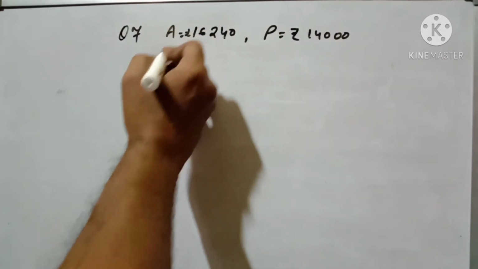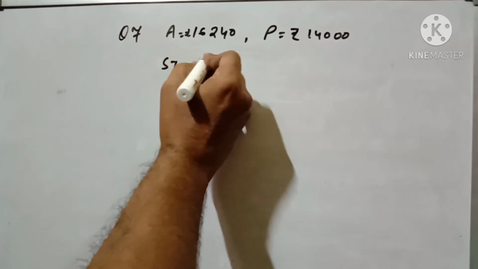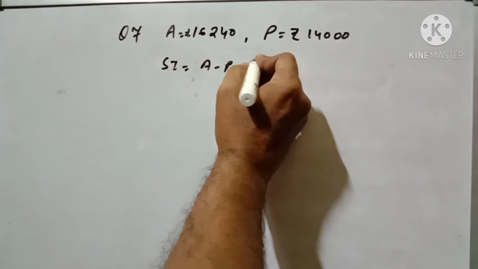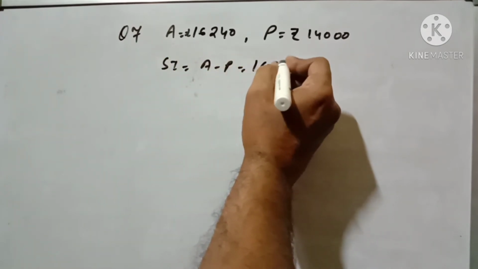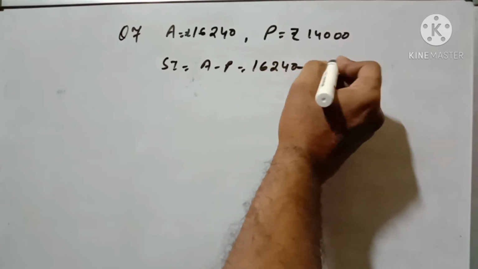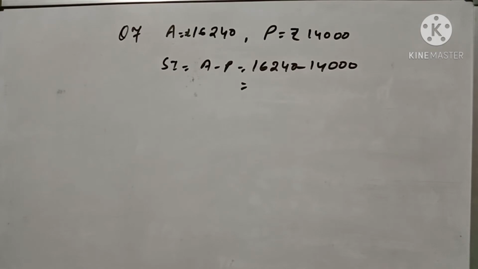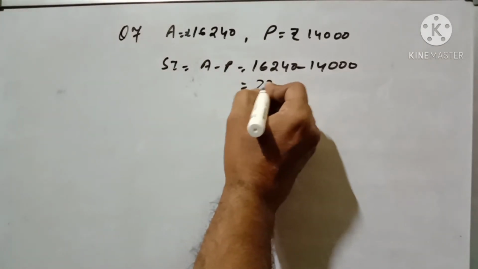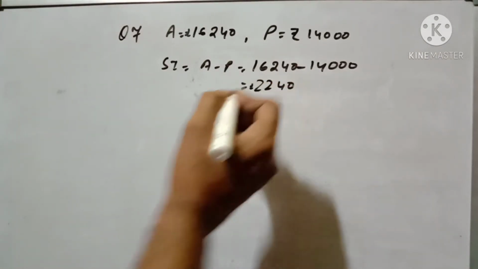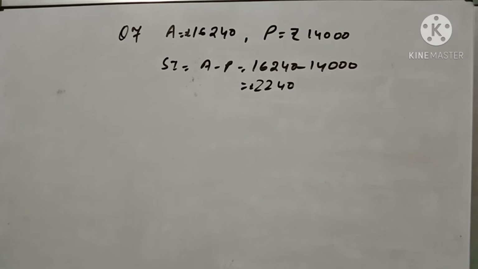So SI equals A minus P, which is 16,240 minus 14,000. It will be 2,240. Now what do we have to find? We have to find T.